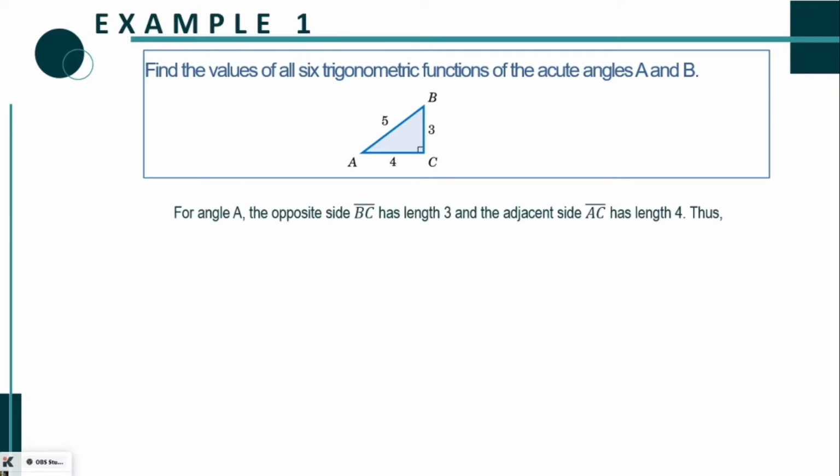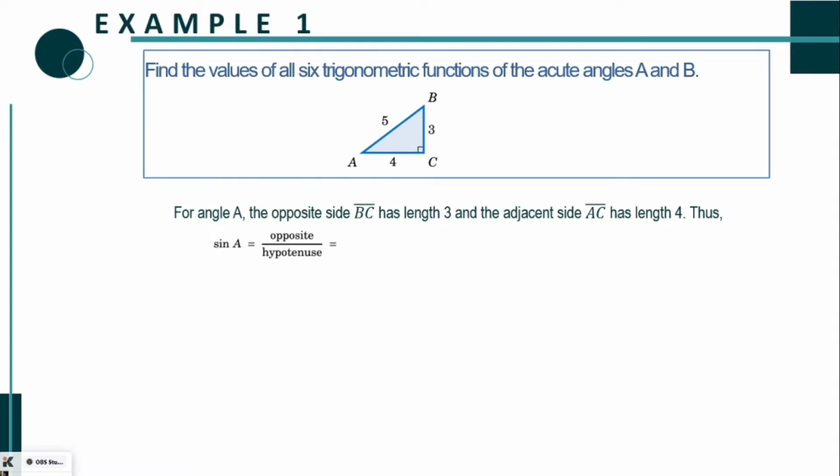So for angle A, the opposite side is BC. That's 3, or the length of BC is 3. And then the adjacent side is AC. It has the length of 4. And the hypotenuse is 5. Thus, sine A is equal to the opposite over hypotenuse.